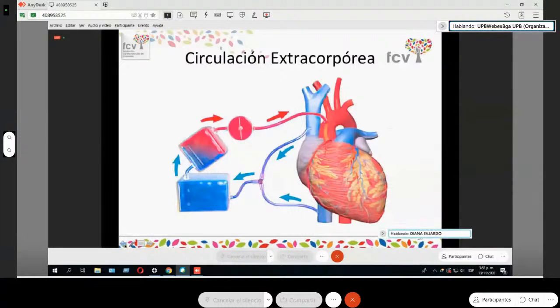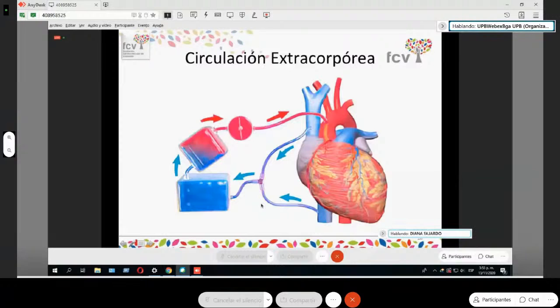So here we have some examples. These are the little tubes with which we connect the machine to the aorta, the main artery in the body. And these are the tubes that take the dirty blood from the body to connect it to the machine. And here I am presenting the extracorporeal circulation machine.